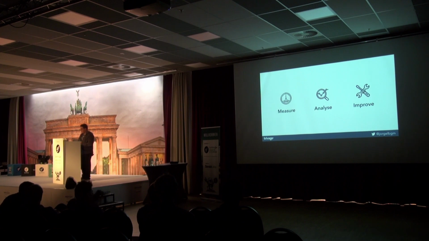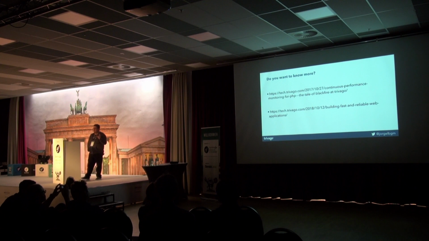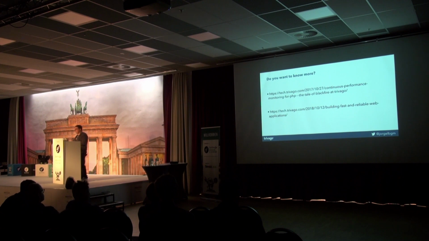If you want to know a bit more about this, and some stuff that we have done after we finished this, you can read these 2 articles in our tech blog. The first is basically what I covered in the presentation, and the second one is what we did a bit more after this. I mentioned at the beginning that we only do the profiling once the pull request is merged, because Blackfire needs the code deployed in a web server.